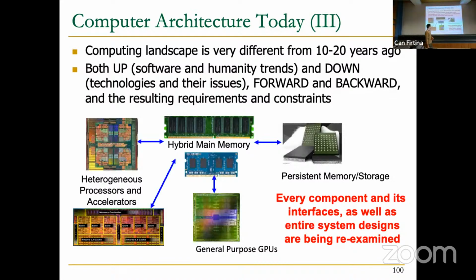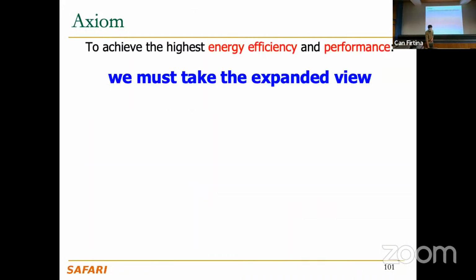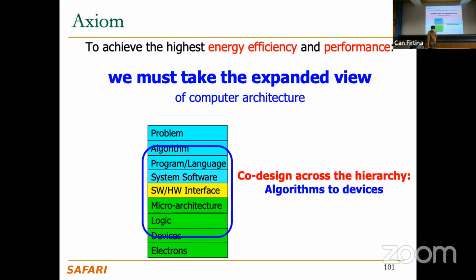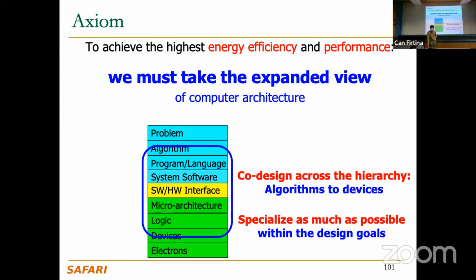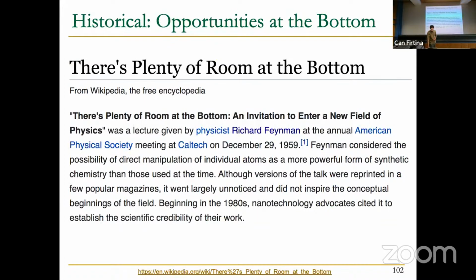So we, and everyone working on improving computer architecture, either in industry or in academia, are working on all these different parts of the compute system. Again, our axiom: co-design across the hierarchy from algorithms to devices, and specialize as much as possible within the design goals. Okay, I think this might be a good time to stop.